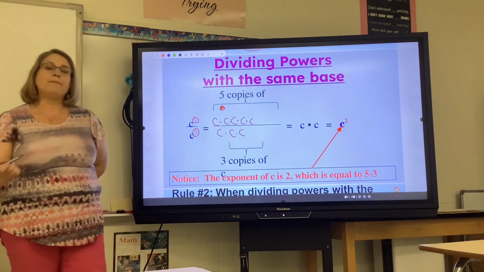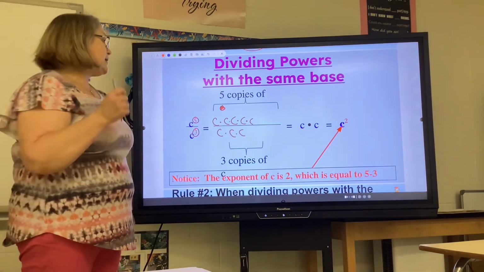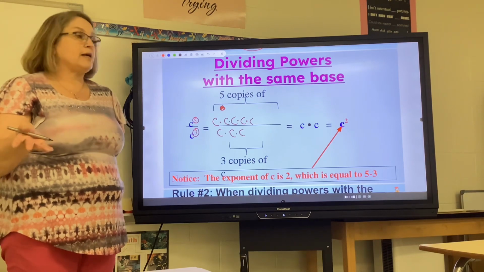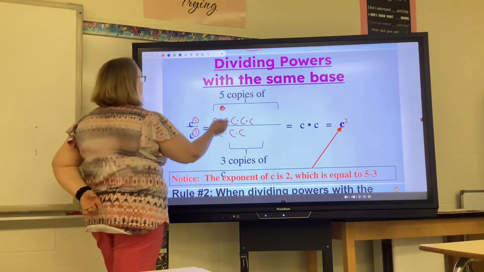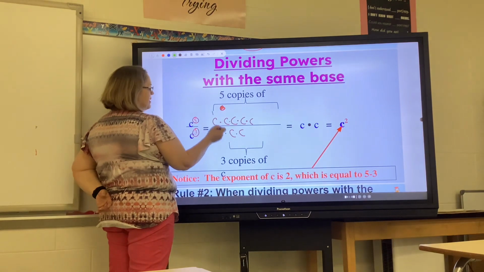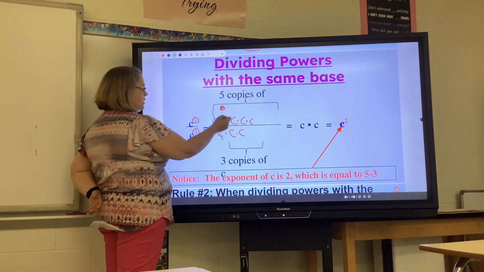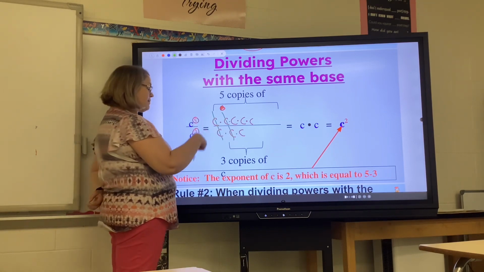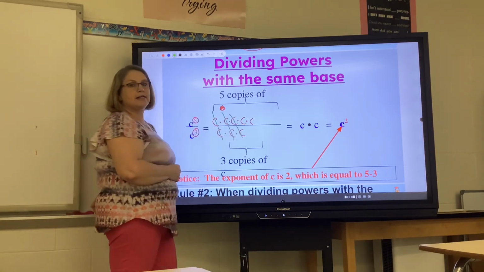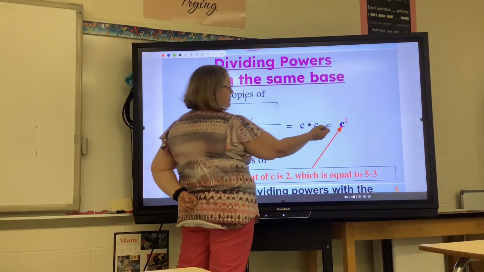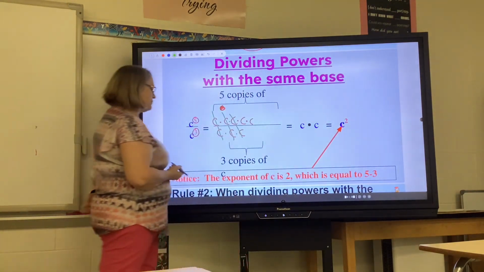Now the cool thing about division is if you have the same thing on top and bottom, it just divides and becomes 1. So on here, I have a set of c's that are the same. So that becomes 1. I got another set, c divided by c is 1, and another set, c divided by c is 1. So what's left is c times c, which is c squared.